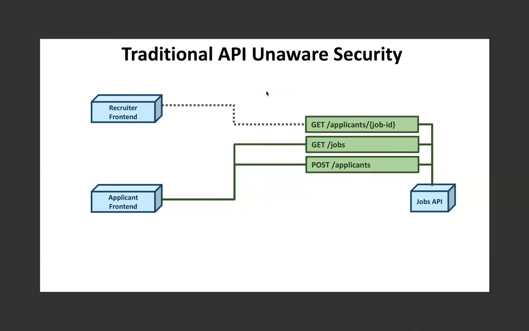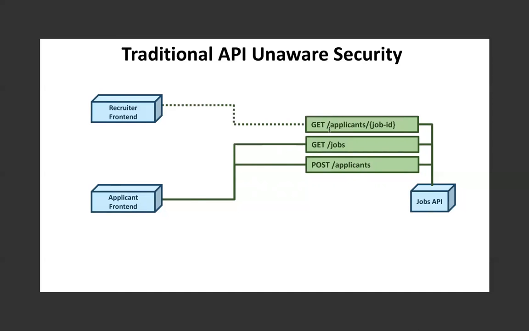The recruiter front end is not publicly exposed or is behind special authorization, right? It's only for specific roles. For example, somebody working in HR would have access to this. If you look at the front-end needs, they have very different needs. While the applicant front end needs to be able to list the job openings, like get to /jobs, and post applicants, actually, if the applicant presses the button to submit an application, that would be the post applicants API call.